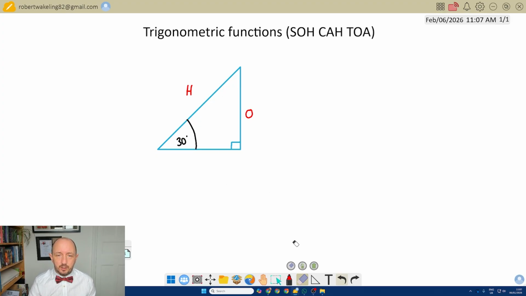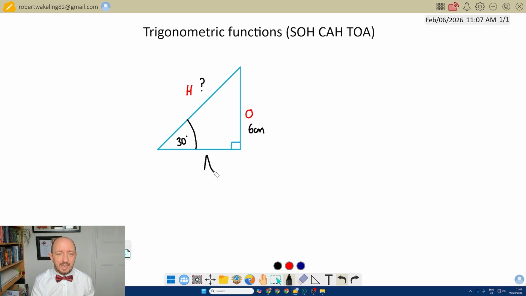So let's assume that we have these two sides. Let's come up with some numbers, like 6 centimeters for this, and the hypotenuse is the one we have to try to find. Your first job is to label these up and then identify from SOHCAHTOA which one we're actually dealing with.